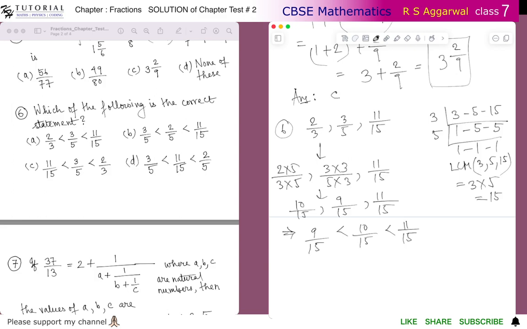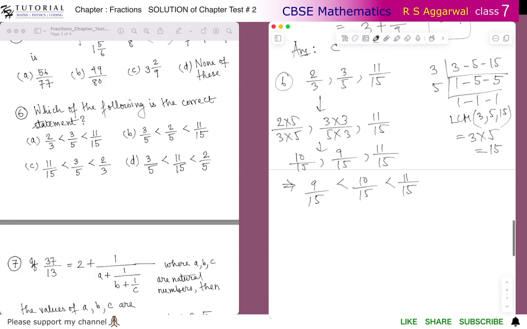So this implies we can order the original fractions as 3 by 5 less than 2 by 3 less than 11 by 15. So this is the correct ordering.